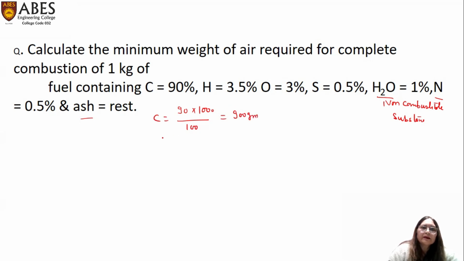Similarly hydrogen, 3.5 into 1000 divided by 100, that is 35. Oxygen, 3 into 1000 divided by 100, and we will get 30 gram.